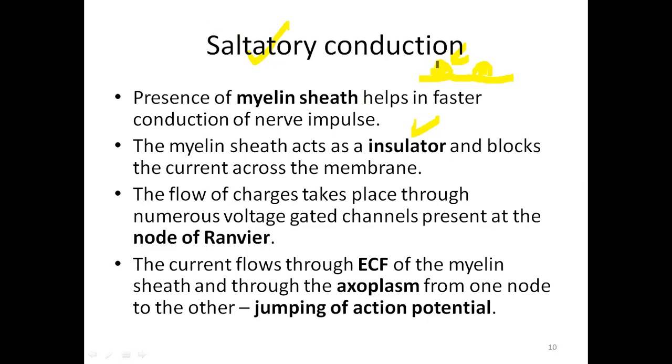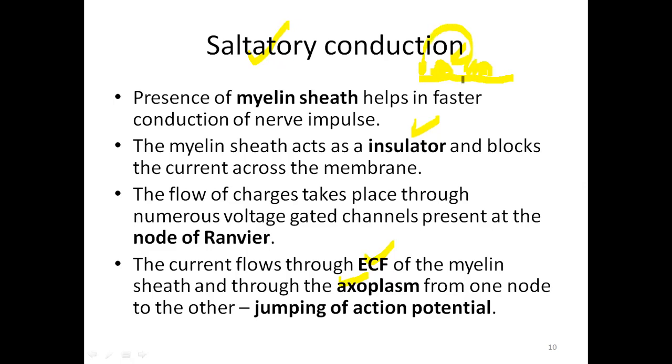As a result, the current cannot move through the axonal membrane. Instead, the current starts moving through the ECF of the myelin sheath and the axoplasm. As a result, the depolarization which has been brought about in this area moves directly to this area.